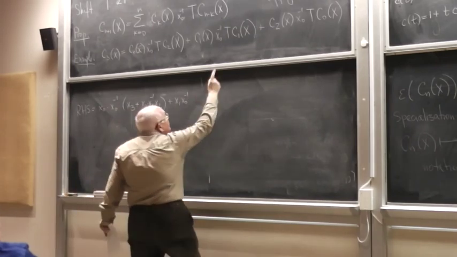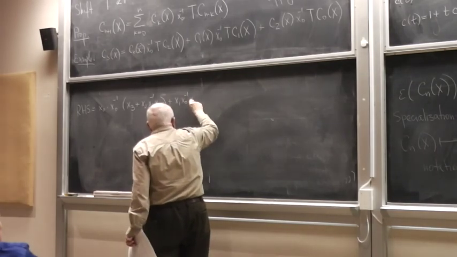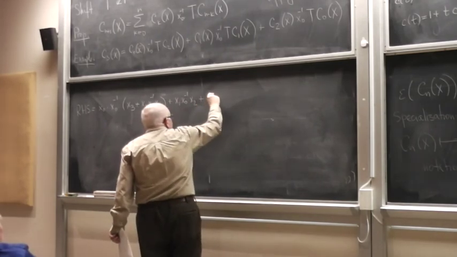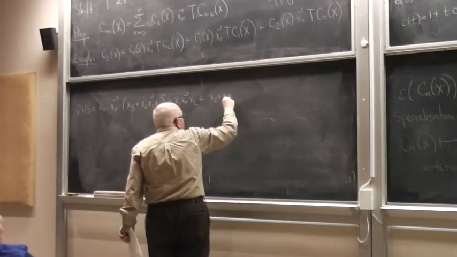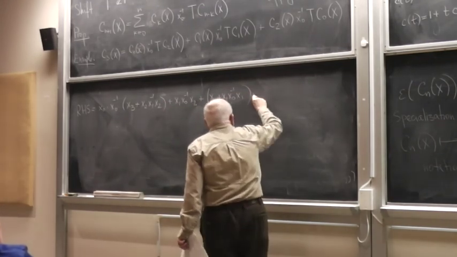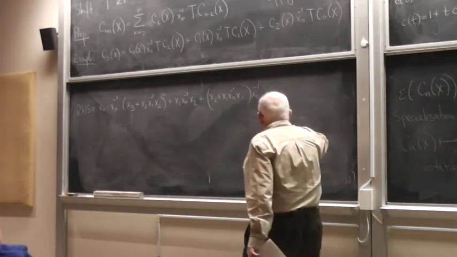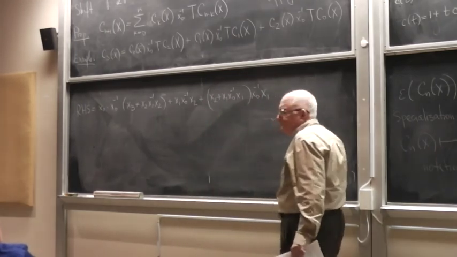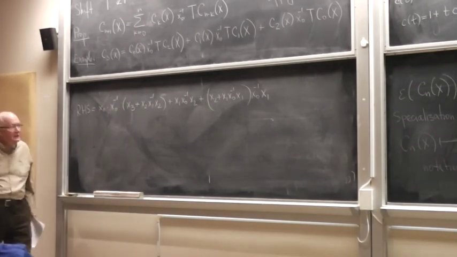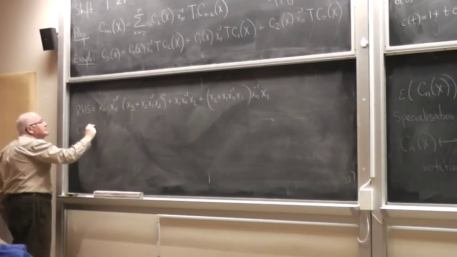Then C1 of x is x1, you shift, you get x2. And the next you have x2 plus x1, x naught inverse, x1, x naught inverse minus 1, C naught is x naught, that's x1. I will give an exercise to check that this is exactly C3 of x.